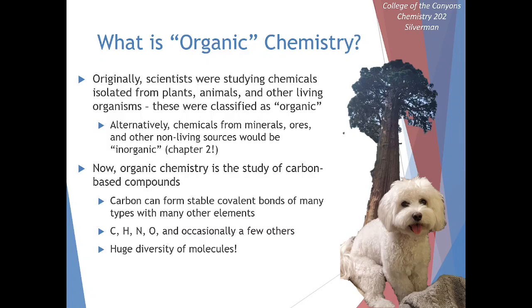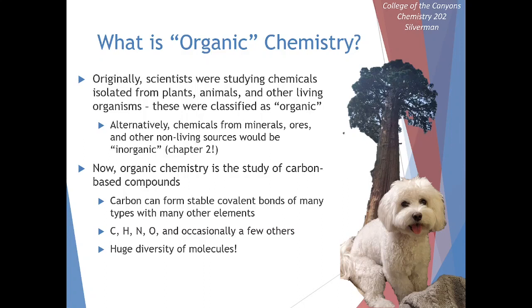We can synthesize them in the lab as well. Carbon can form many different compounds because of its unique chemistry. It likes to form 4 stable bonds, and so we can build large branching extended structures with very wide ranges of properties.